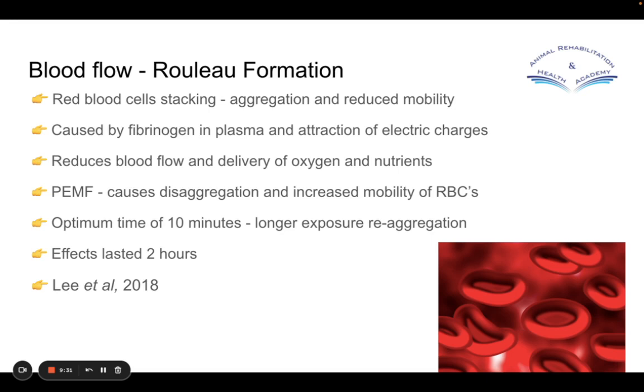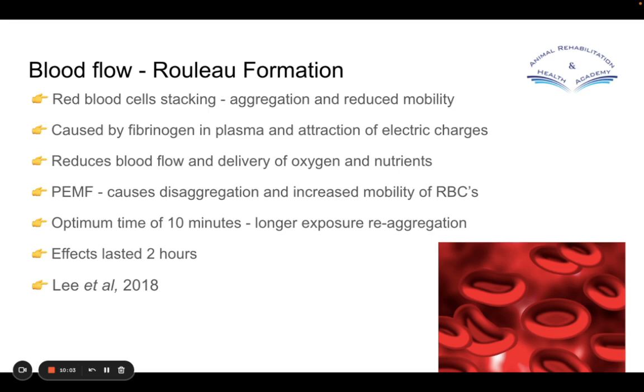It's thought to be caused by fibrinogen in the plasma, an attraction between the red blood cells, attraction of electrical charges, and what happens is they aggregate and it's called stacking. So they stack together and clump together, and this reduces the blood flow and therefore the delivery of oxygen and nutrients. So we see this in cases of ischemic conditions and things like that.